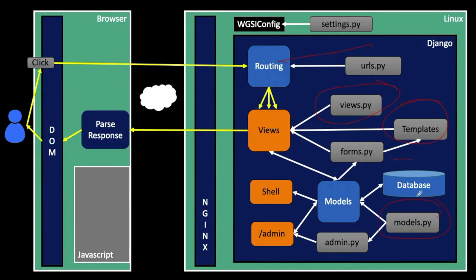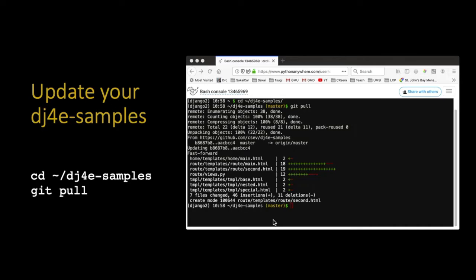And we spent a bunch of time talking about models.py and how the models can talk to Python code, talk to the shell, how the models can inform how we write to the database and how we read from the database. So we're starting to fill parts in. As we put the views together, we're really starting to create our entire application. And I know it's taken a while to get to the point where we can see the whole thing.